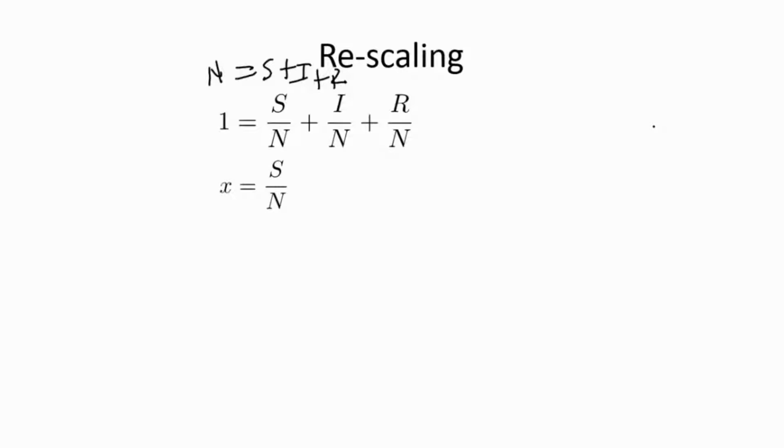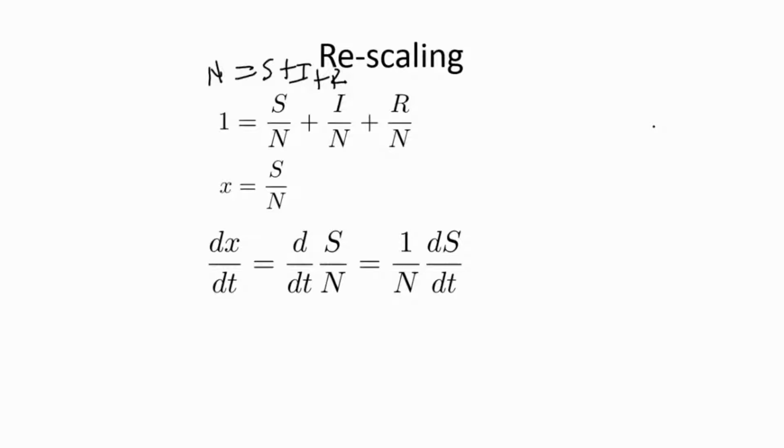So we're going to rename these fractions. Basically it's like introducing names for new variables. We're going to say the fraction of the susceptibles: when you take the number of susceptibles and scale that by the total population size, that now becomes a proportion or a fraction, and we're going to call the fraction x, okay?